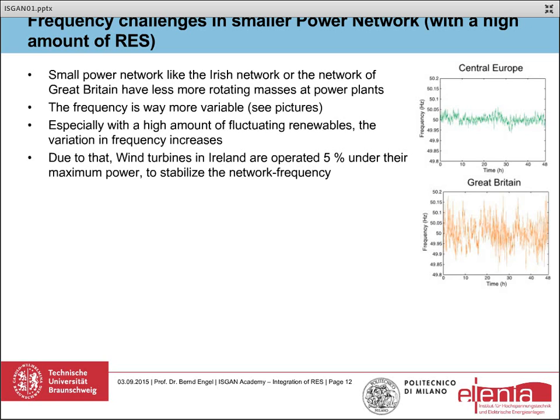Especially with a high amount of fluctuating renewables, the variation in frequency increases. Due to that, wind turbines in Ireland are operated 5% under their maximum power to stabilize the network frequency.